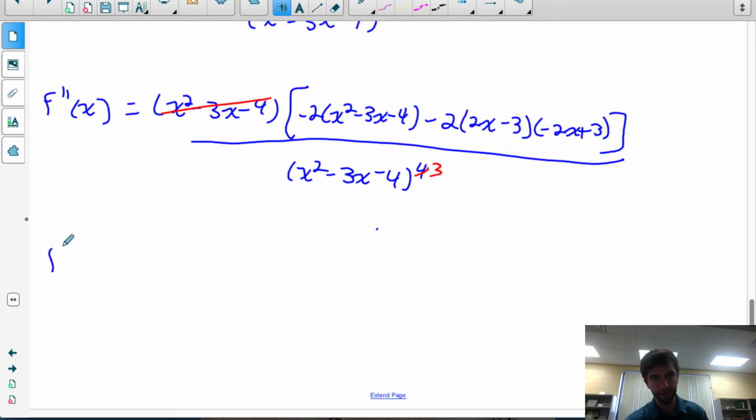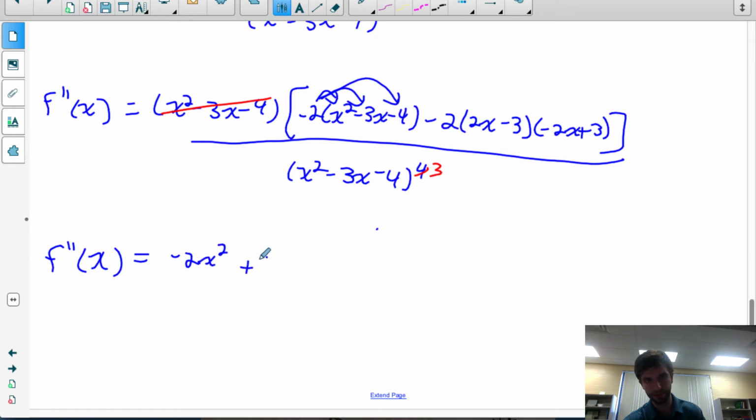Okay, the numerator, I'm going to expand and collect any like terms. So I'm going to do all my distributing and collecting. So I've got negative 2x squared plus 6x plus 8, minus 2 times my product of those two factors, so negative 4x squared plus 6x plus another 6x, that's plus 12x, minus 9.